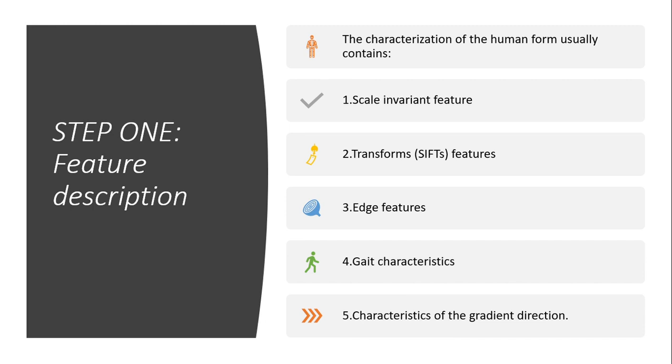About step number 1, which is feature description, how the human characteristic will be formed: using scale invariant feature transform features, or using edge features, or gradient direction characteristics. We have 5 methods of characterization of the human.